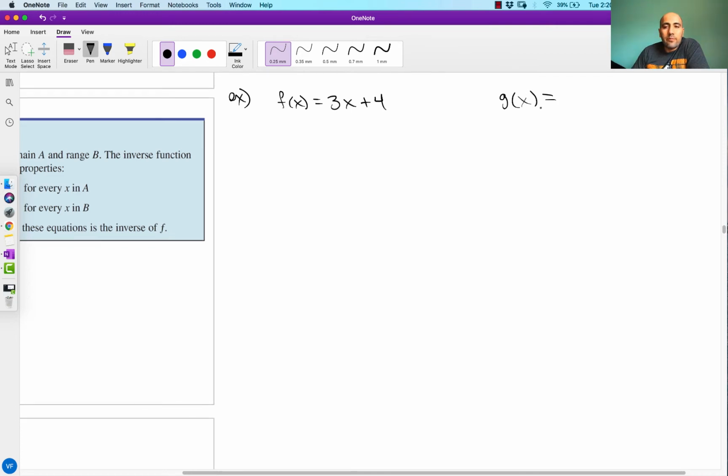It would kind of defeat the purpose if we start off by saying this, because by writing it this way you're already pointing out that they are inverse functions. But maybe you have this function, and then they give you this other function, x minus 4 divided by 3, and they're asking you to confirm it. Are these functions inverse functions?